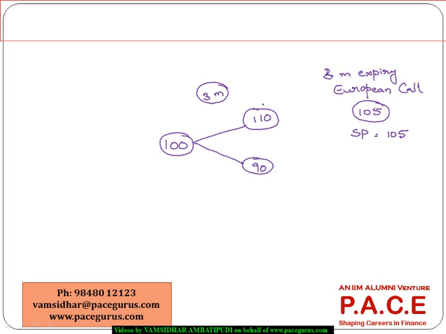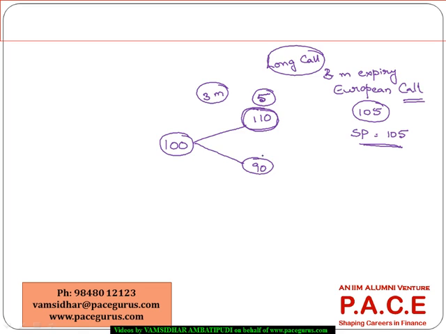Now in case the stock price really touches 110, because the strike price is 105, from a call option standpoint, the long call is going to exercise this particular option. So he is going to have a payoff of 5 bucks.